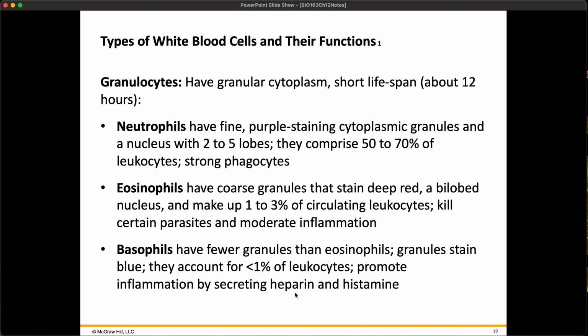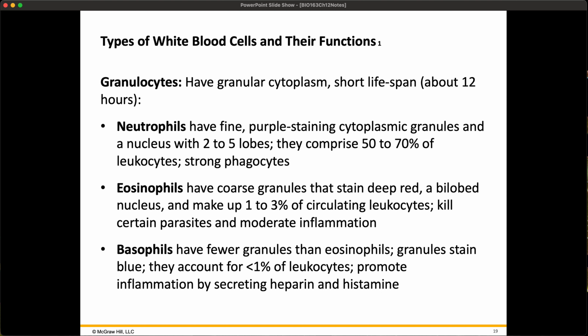Heparin is an anticoagulant, so it allows blood to flow. And histamine is used for inflammation. It helps to increase inflammation. That's why you might take an antihistamine, something like Benadryl, because that helps to stop your nose from running and your eyes from watering.